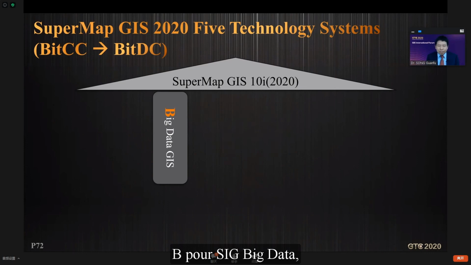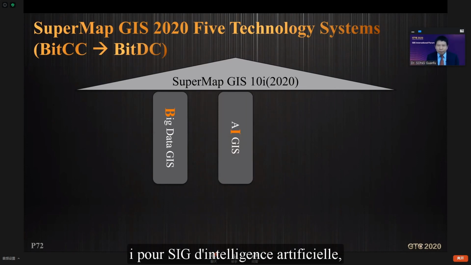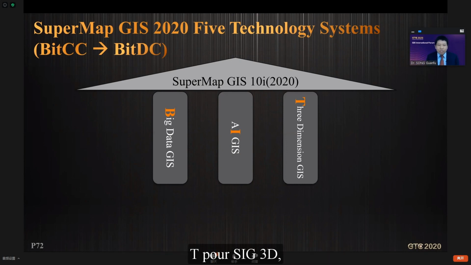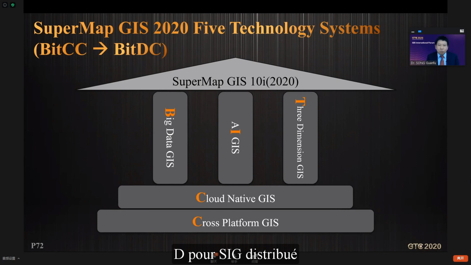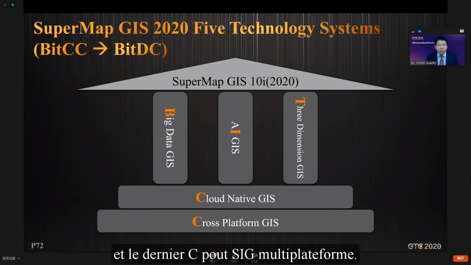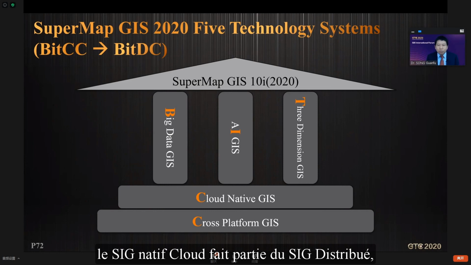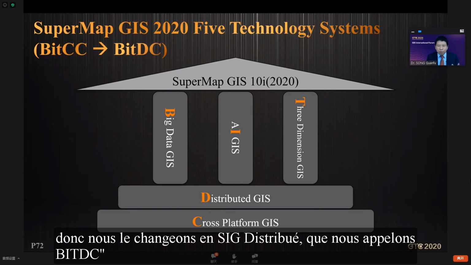B is Big Data GIS. I is Artificial Intelligence GIS. T is 3D GIS. C is Cloud Native GIS. The last C is Cross-Platform GIS. As we talked before, the Cloud Native GIS is part of Distributed GIS, so we change it to Distributed GIS. That's BitDC.